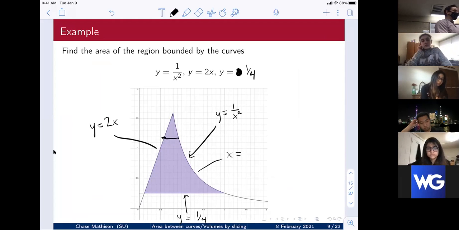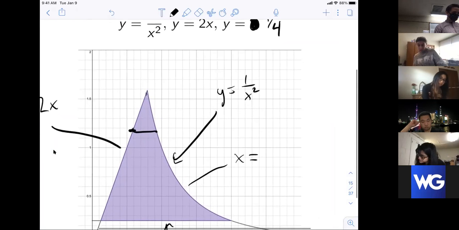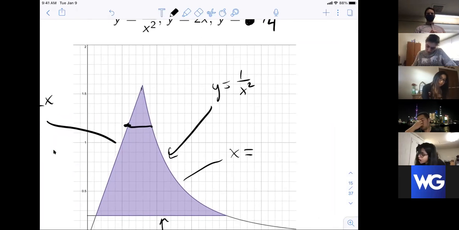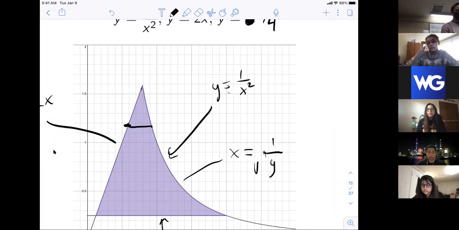So this curve, which is y equals 1 over x squared, what is it in terms of x? x equals the square root of 1 over y. Yeah, because we flip these. I'll cross multiply, if you will. So I'll get 1 over y and then take a square root.